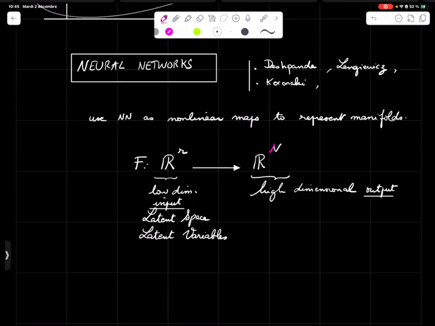So again, same coloring as before. It works pretty much exactly the same way.